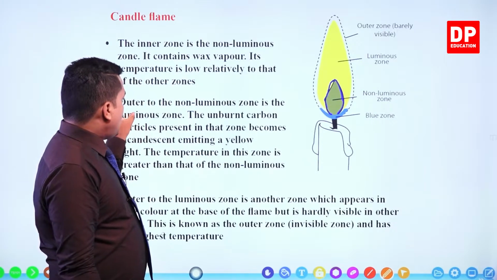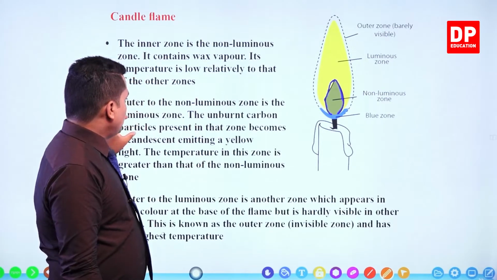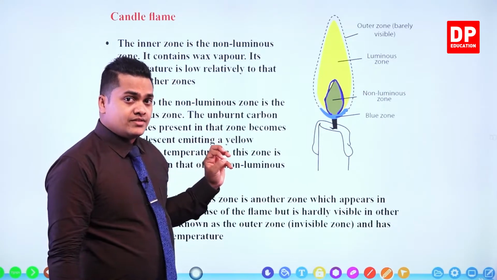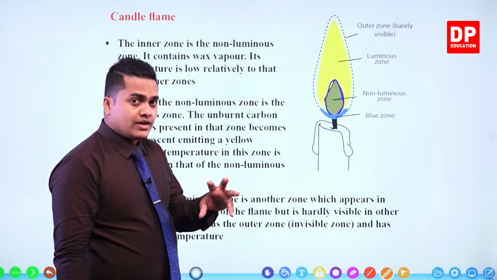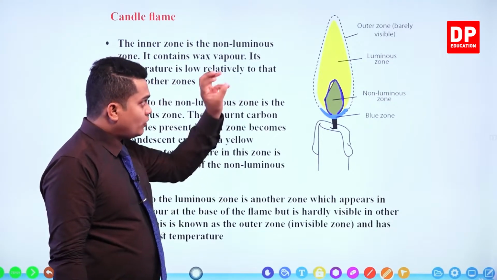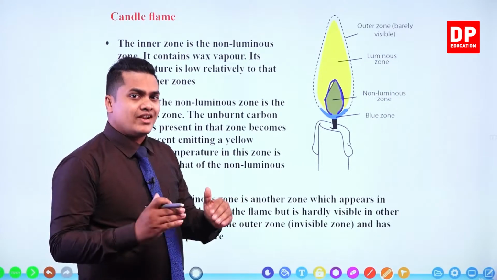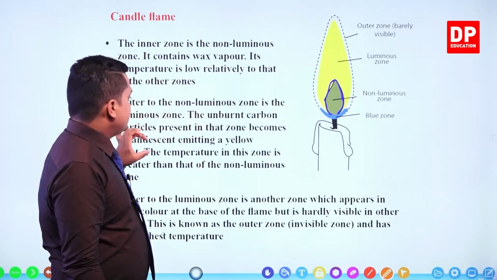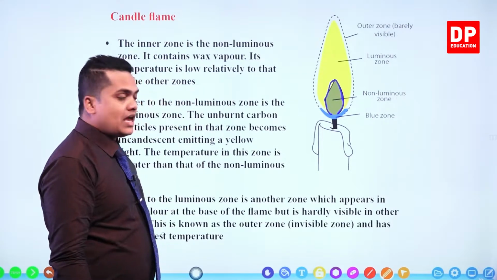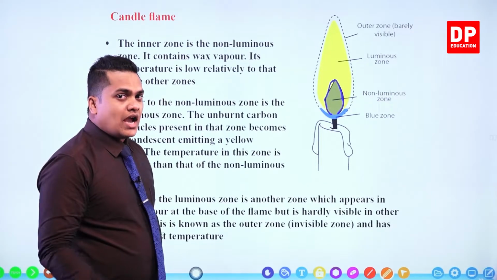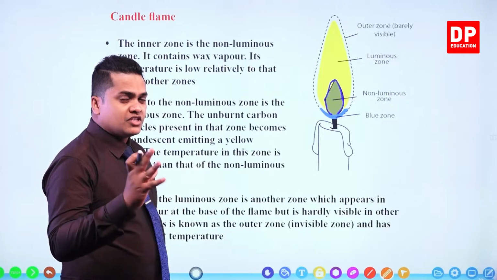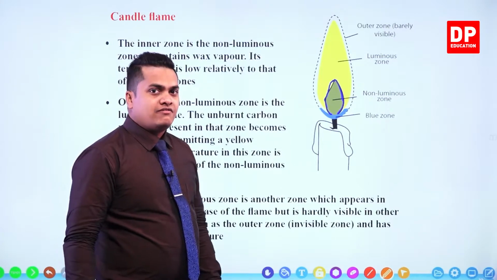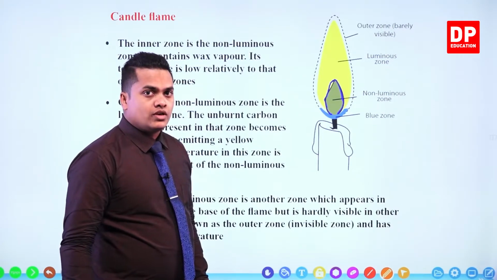So outer to the non-luminous zone is the luminous zone. The unburnt carbon particles present in that zone become incandescent, emitting a yellow light. That is the reason for the yellow flame at the luminous zone.